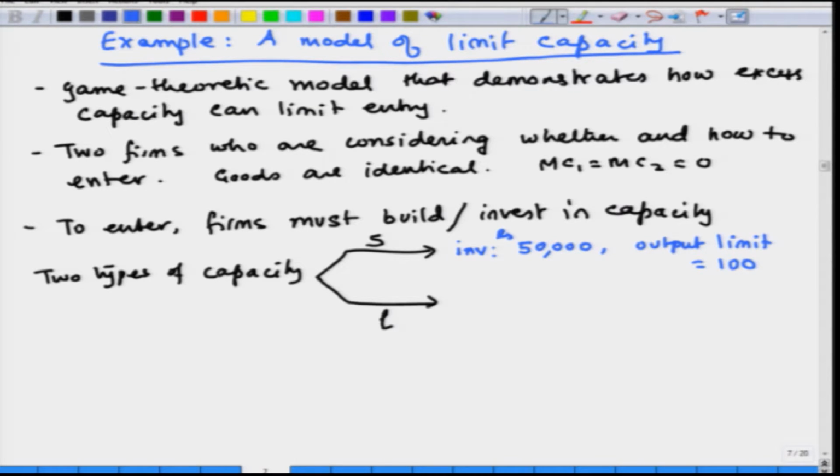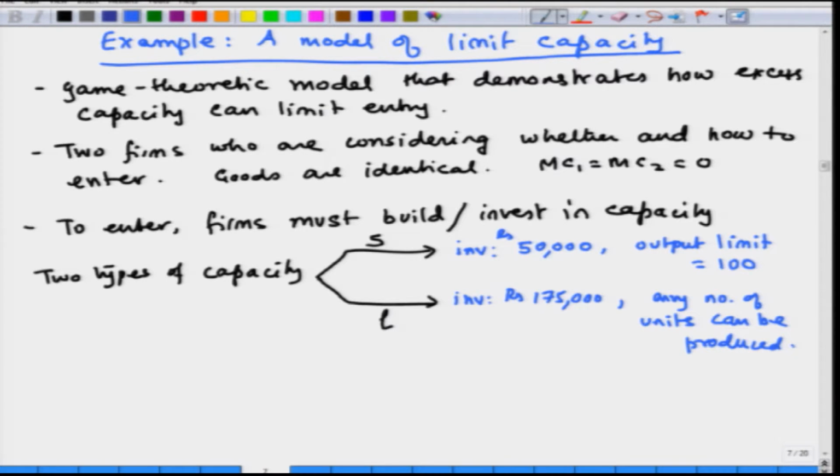On the other hand, the firm could build a larger capacity, in which case the investment needed would be more. So, that is 175,000 rupees. Let us say these are just stylized numbers, more to put structure into the example, but here there is no constraint on the output. So, any number of units can be produced.